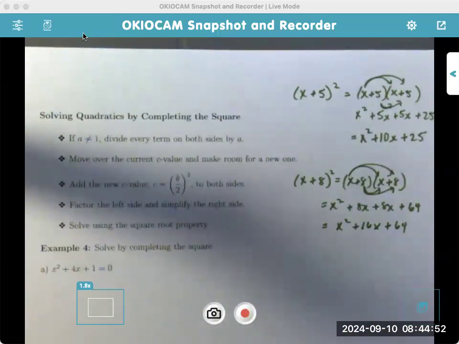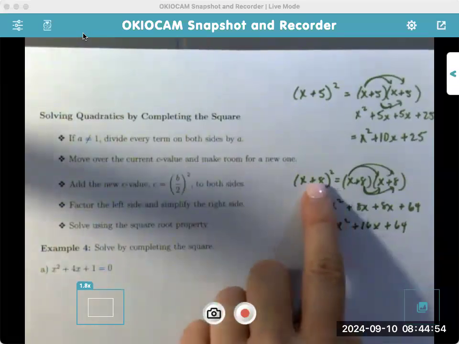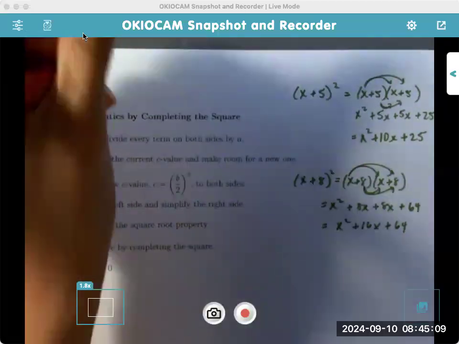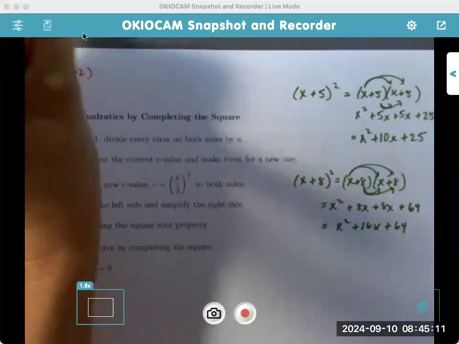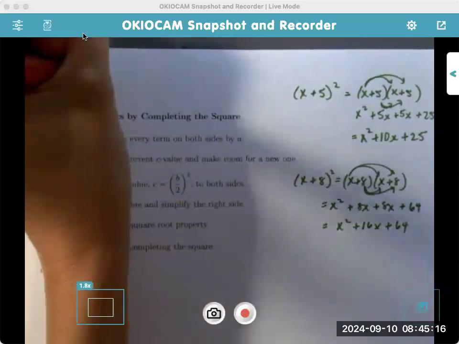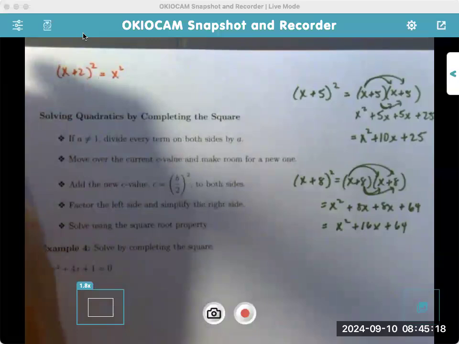So if you notice the pattern, if I have a perfect square binomial, bi meaning two, so two terms, nomial meaning a term, monomial is one, binomial is two, trinomial is three. So perfect square, squared binomial. We can use the pattern that if it's, say, (x + 2) squared, to get the first term, you square the first term.